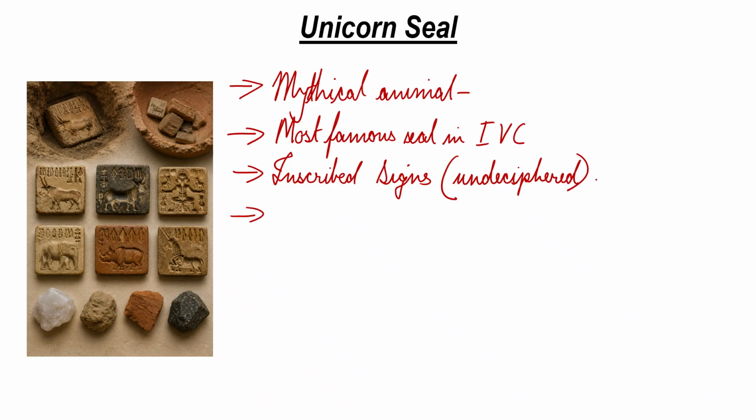One day, if we read them, we'll come to know a lot more about Harappan civilization. So these seals may have been used, so what was their use? They were probably used for identification or communication.